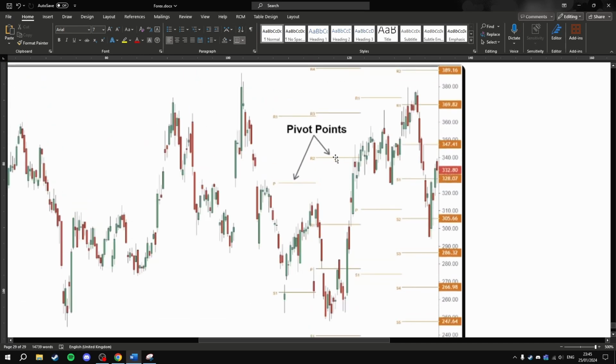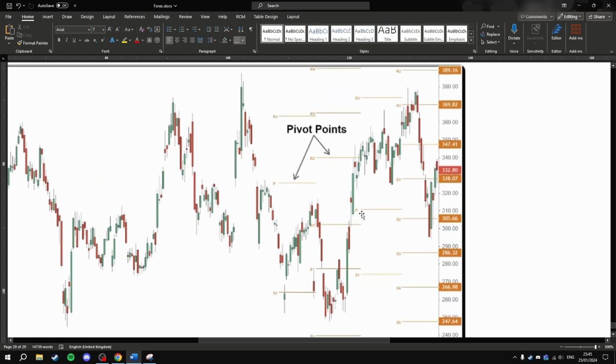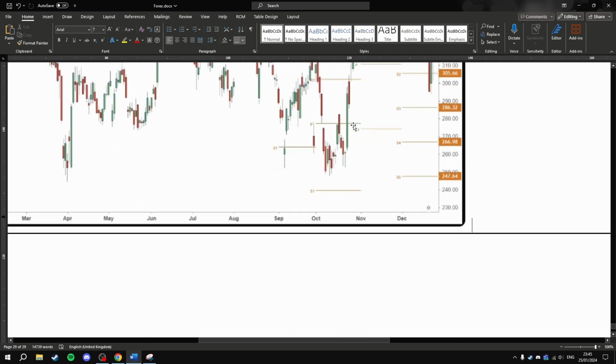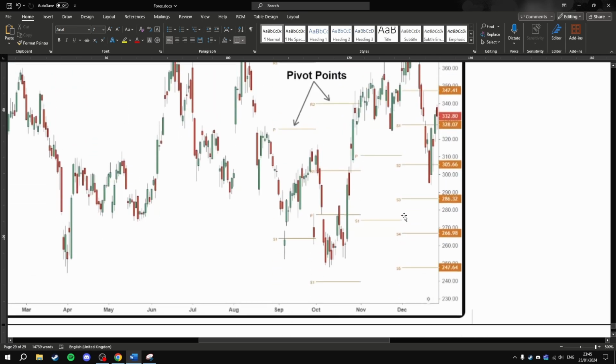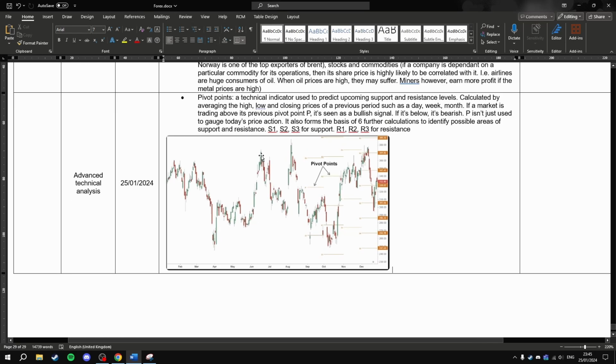Pivot point here. S1 support. Pivot, S1, R1. S3 support 3, support 4, support 5. Oh, there's loads of supports in here. I thought it only goes up to support 3. Huh?